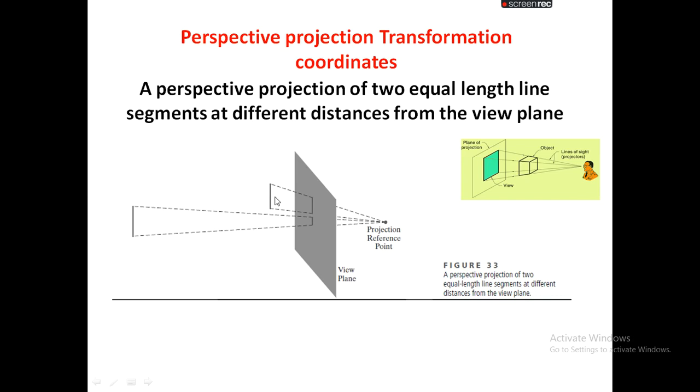As you can see in this example, when you are capturing the two images, the first line segment and second line segment, using a real camera or synthetic camera, after transferring the coordinate positions of the line segments to the projection plane, you see the projected image on the view plane. Both line segment coordinate positions are translated to the projection plane. But see the sizes.